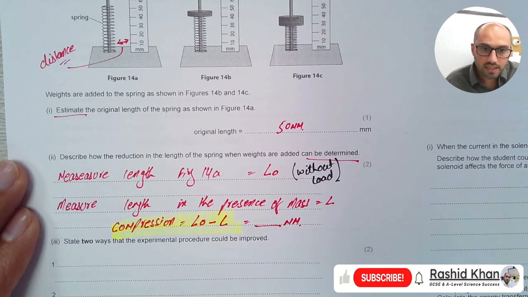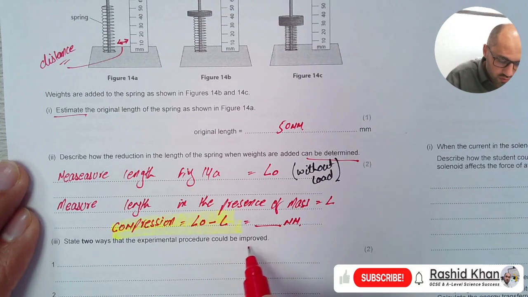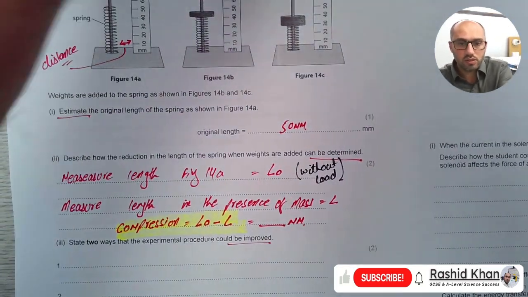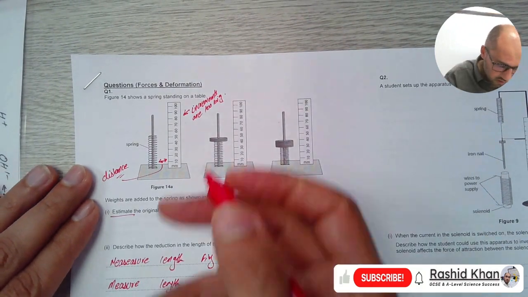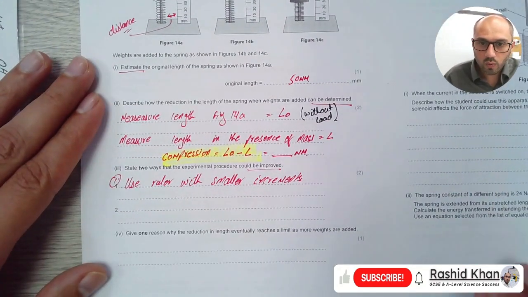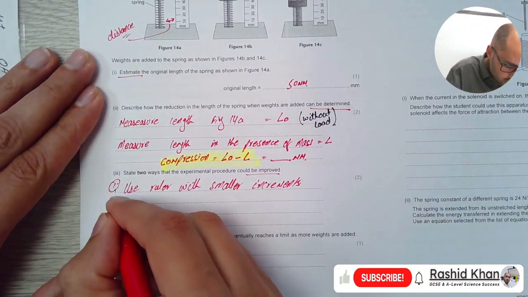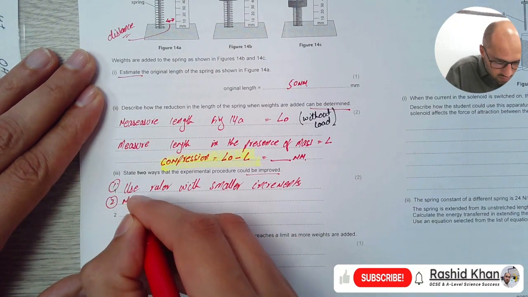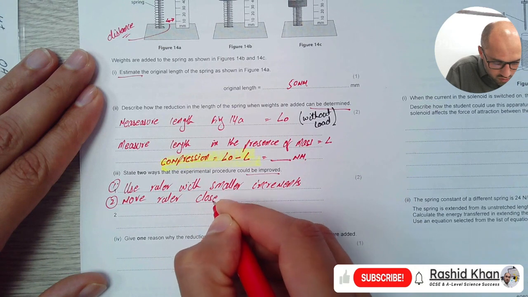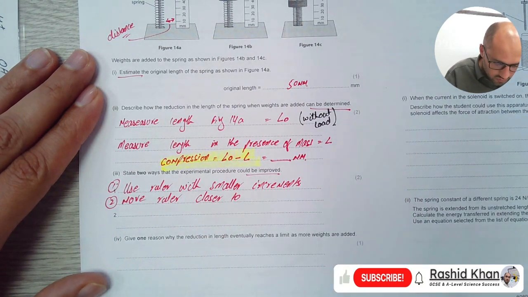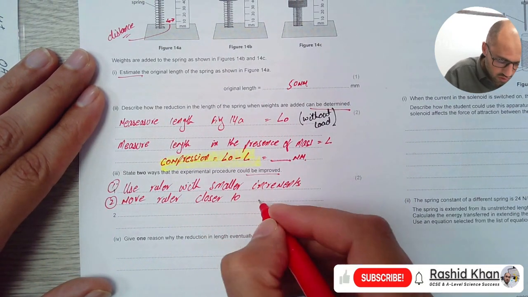Next part says state two ways that the experimental procedure could be improved. I already gave you the answer to this question at the start, because I annotated while I was reading the question. We can say use a ruler with smaller increments. Number two, I can say move the ruler closer to the spring.